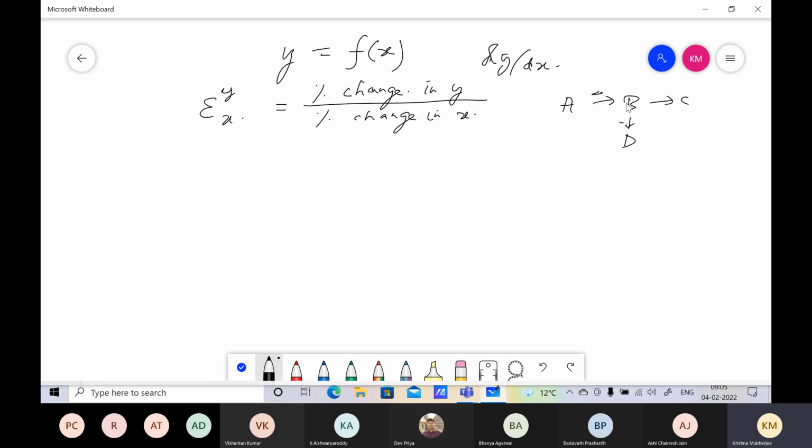Or when B changes, for example. We want to look at how these perturbations go, and therefore it is important to look at percentage changes. But like any other concept, elasticity has very wide applications. And I hope you realize this.